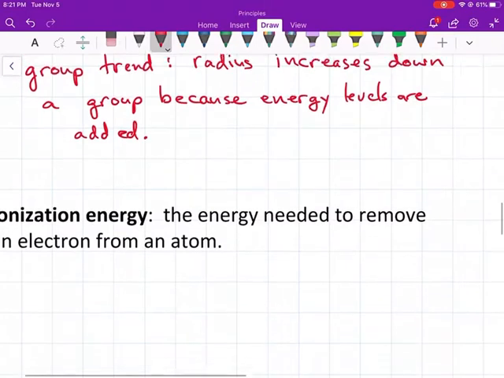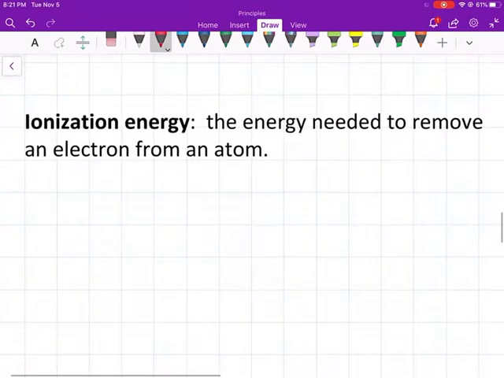Okay. Your next trend we're going to talk about is ionization energy. So ionization energy is a number that you saw in the activity, but you probably didn't know exactly what it meant. It just means the energy needed to remove an electron from an atom. So if you guys remember the alkali metals demo we did, let's say we have a lithium atom.